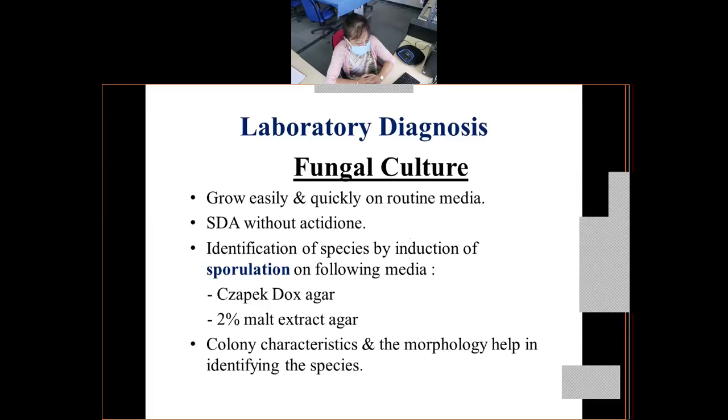So these are some of the media which we can use for identification of the species. However, if the colony has grown on Sabouraud's dextrose agar, looking at the colony itself will give you an idea of what species of Aspergillus it is. Then we have to do an LPCB mount. Just tease a bit of the culture and look under the microscope, because it will show very typical morphology.